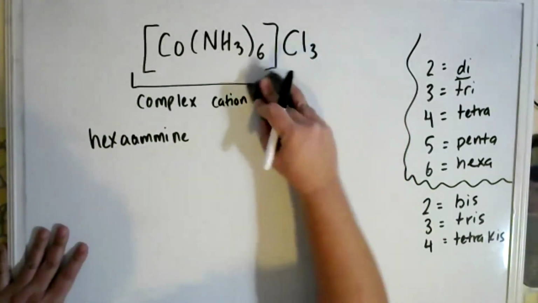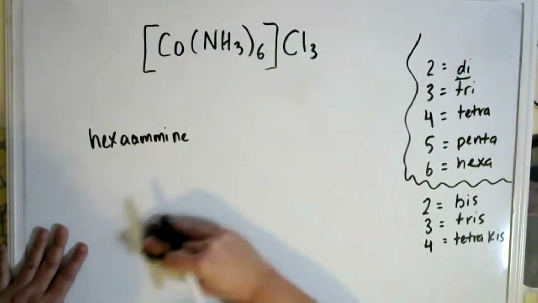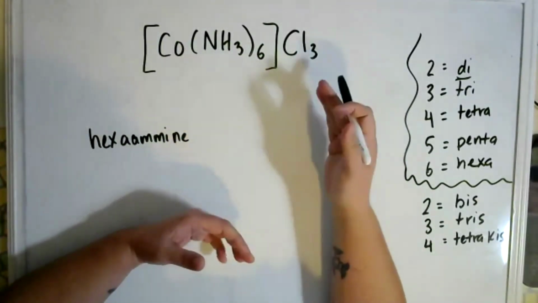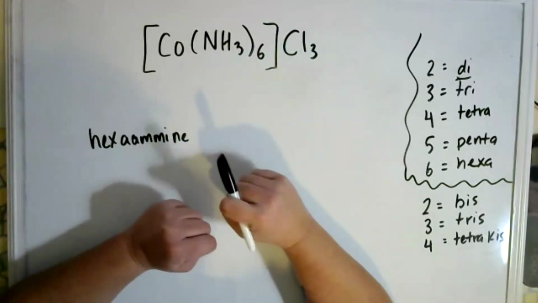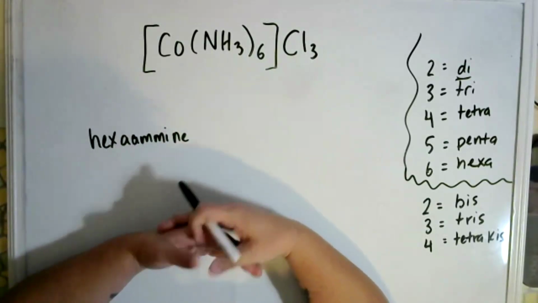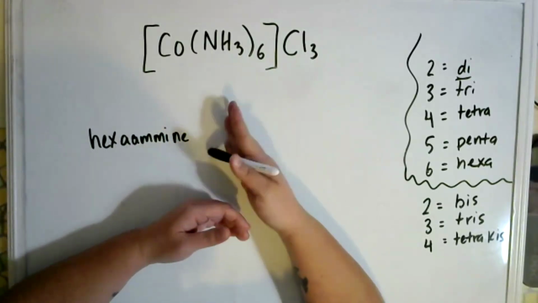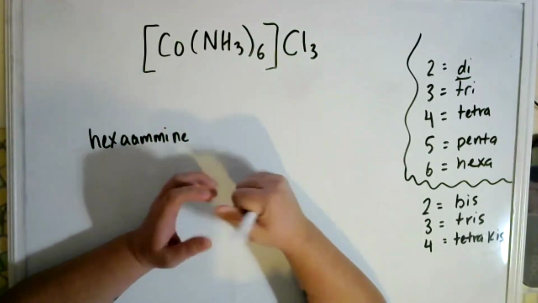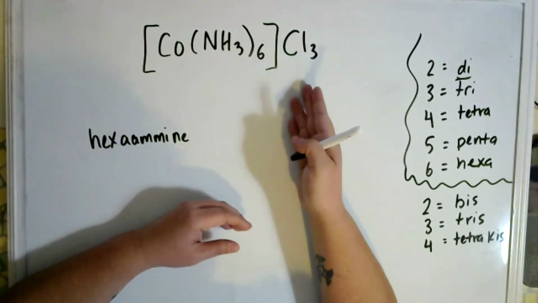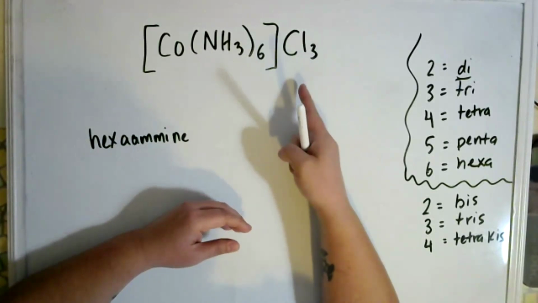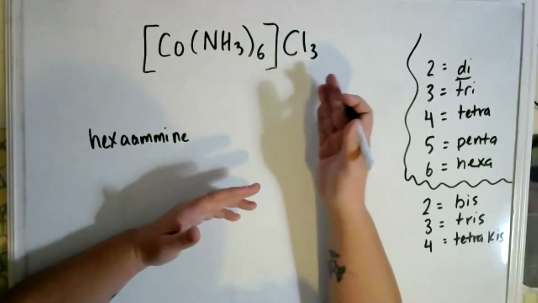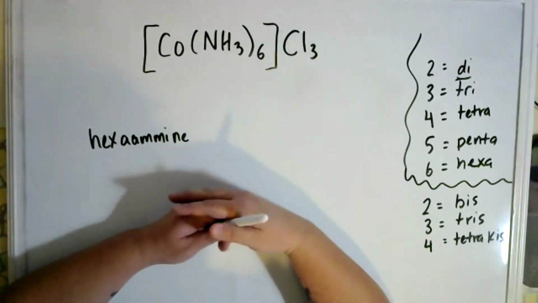So you want to look at this compound, and you can actually use the charges of the different molecules and ions to help you out with this. We know that when neutral molecules are added together, their oxidation numbers will equal 0. We know that when you're looking at monoatomic ions, their oxidation numbers are going to add up to whatever the charge is on that ion.